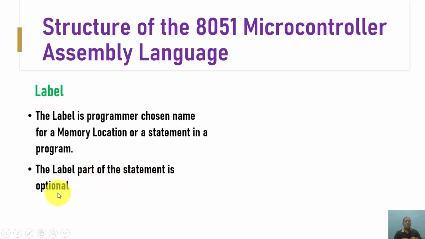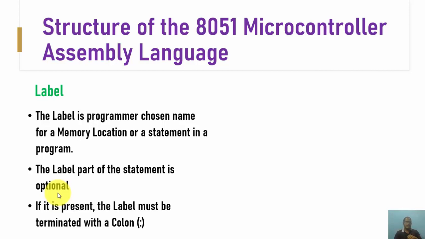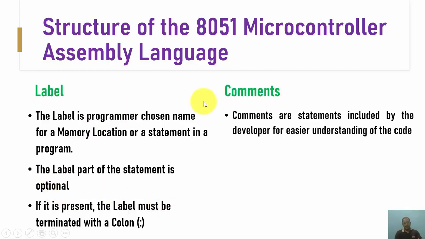The label is useful when we are dealing with loop kinds of activities, or when we jump from one instruction to another depending upon a conditional execution. If it is present, then the label must be terminated with a colon. In the previous example we mentioned the label here and terminated it with this colon. Then the next part is the comment part.